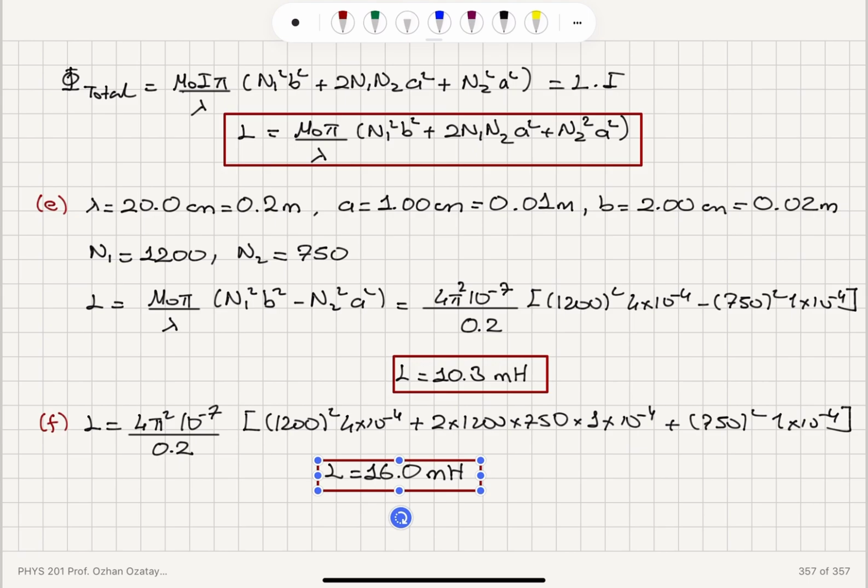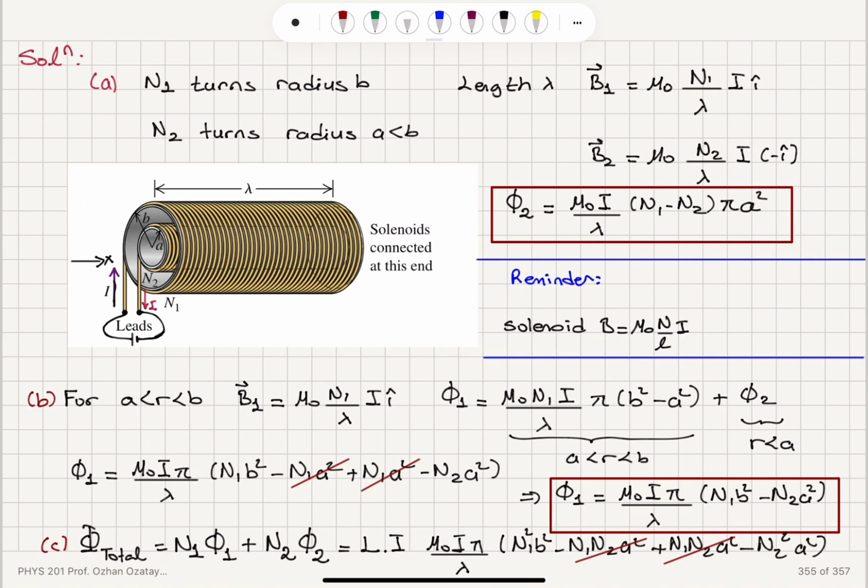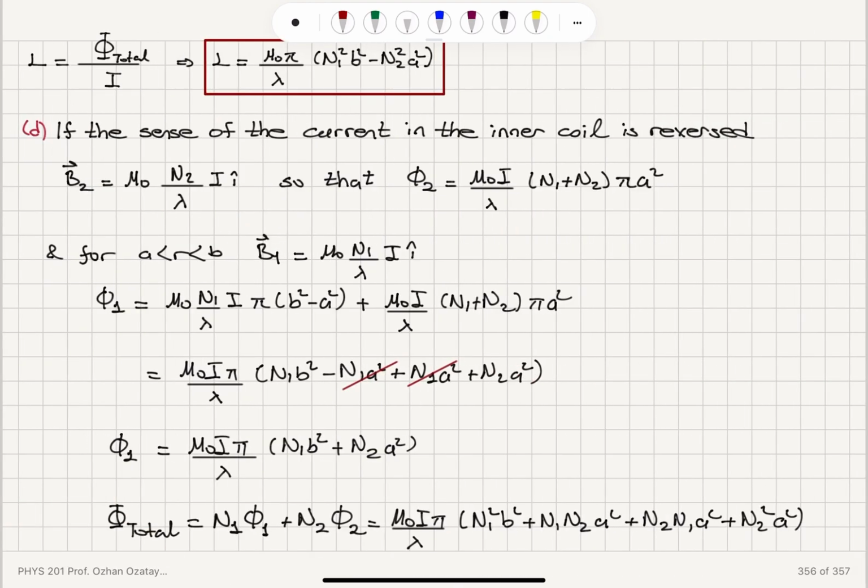Okay, so part E and part F were basically applications of plugging in some numbers to the inductance values. And in part D, what we did was we changed the sense of the coils. So instead of the coils wound this way and the current coming down, now current is going up. In that case, we would have the two magnetic fields adding up inside, and that would give us basically a total magnetic field mu0 I over lambda (n1 plus n2) in i hat direction multiplied by the area of each coil.